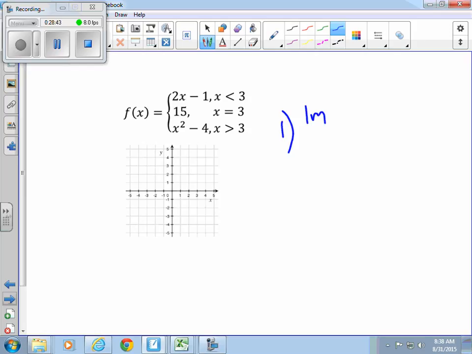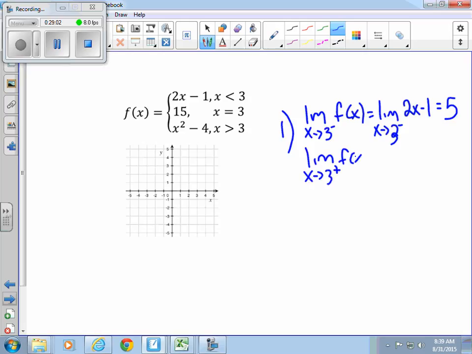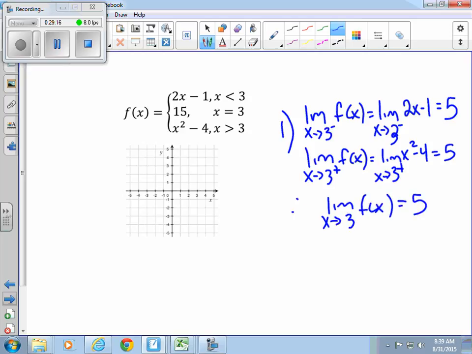Number 1, the limit as x approaches 3 from the left. And I'm showing so much work on this one. The limit as x approaches 3 from the right will equal 5. So the limit does exist, and it equals 5.